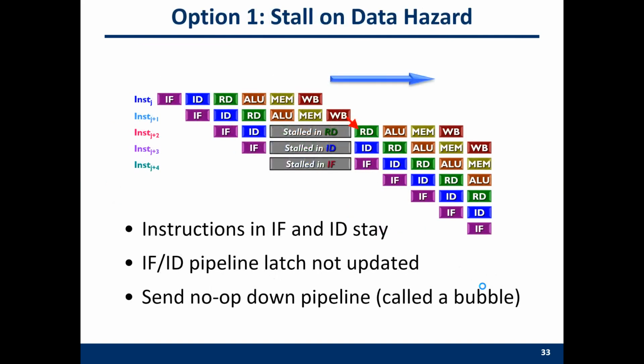So if we find that there is a dependency, we stall and let the read happen after the write completes. You cannot do anything in those time steps. The more bubbles you have, the lower the performance.